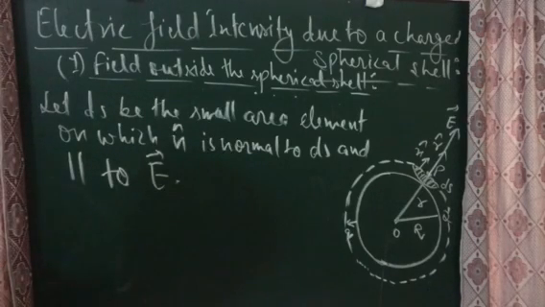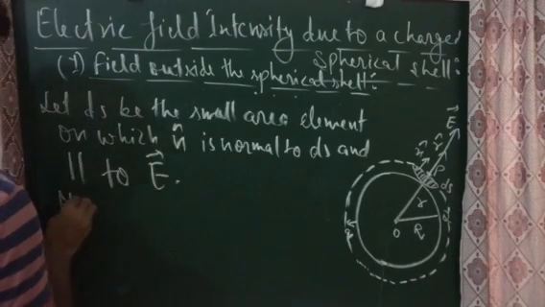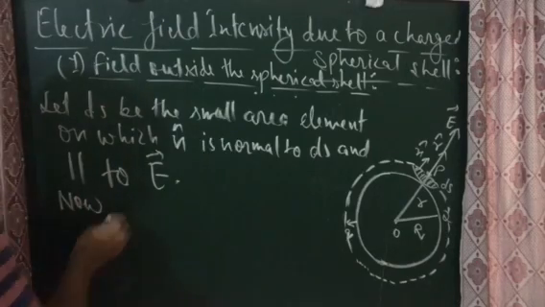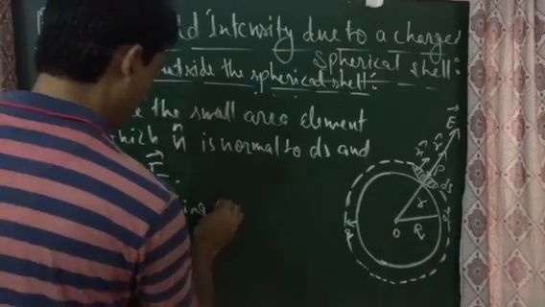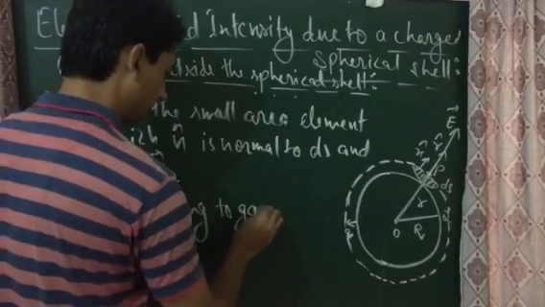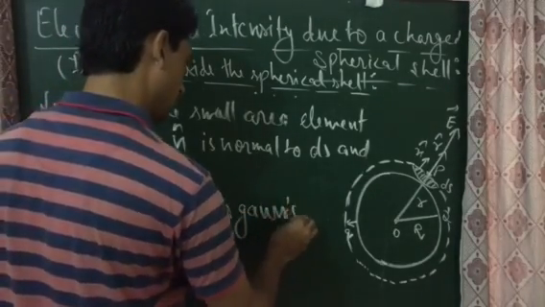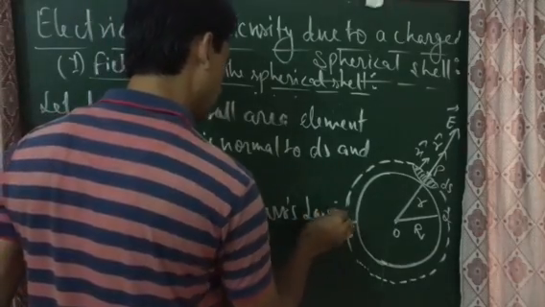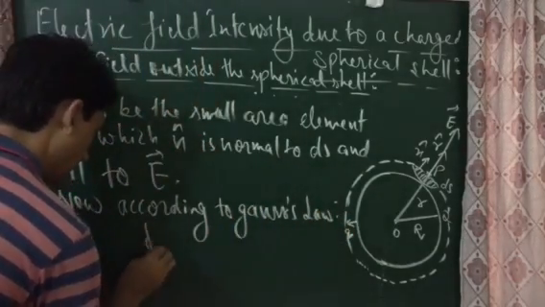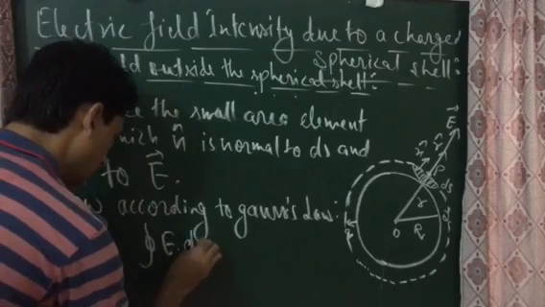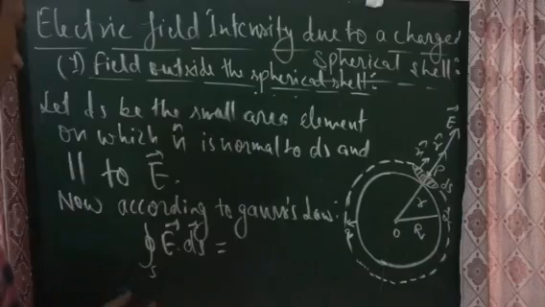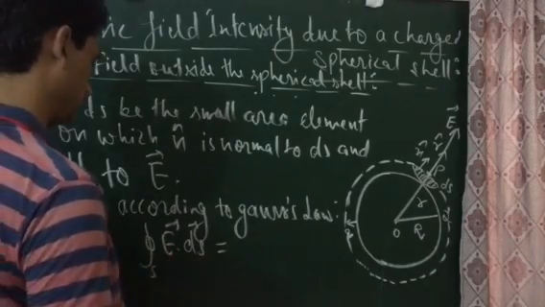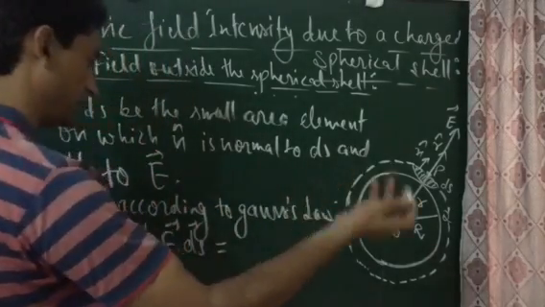So now according to Gauss's theorem or Gauss's law, the closed surface integral of E dot ds, the electric field, is equal to q upon epsilon naught.